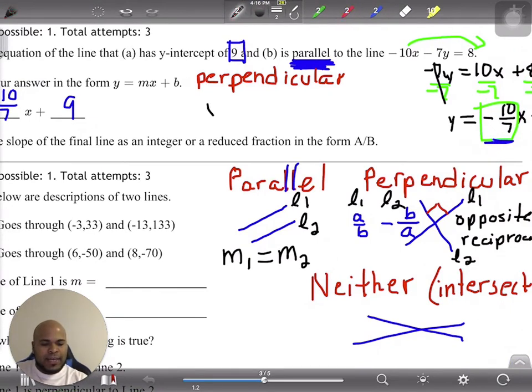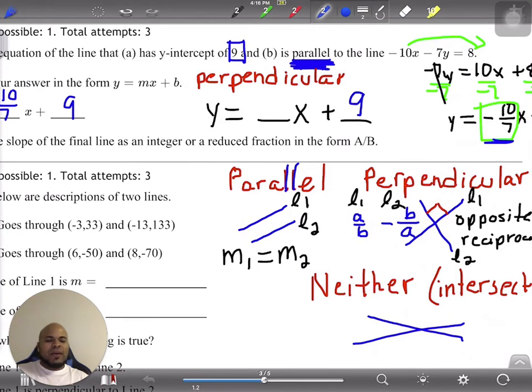So y equals mx plus b. I need to fill in the slope and the y-intercept, but they told me the y-intercept right away. The y-intercept is 9. If they want a line parallel to this line, then I need to find the slope, and I know the slope is negative 10 over 7.